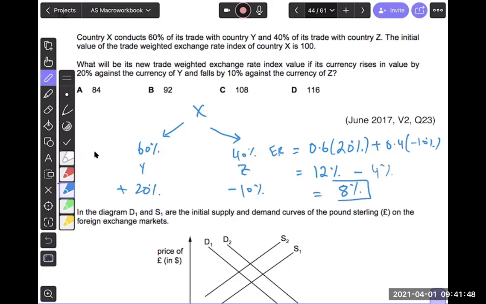And if it's an index, the value has gone from 100 to 108. Exactly. So C will be the answer. Make sense? You guys agree with me with this one?